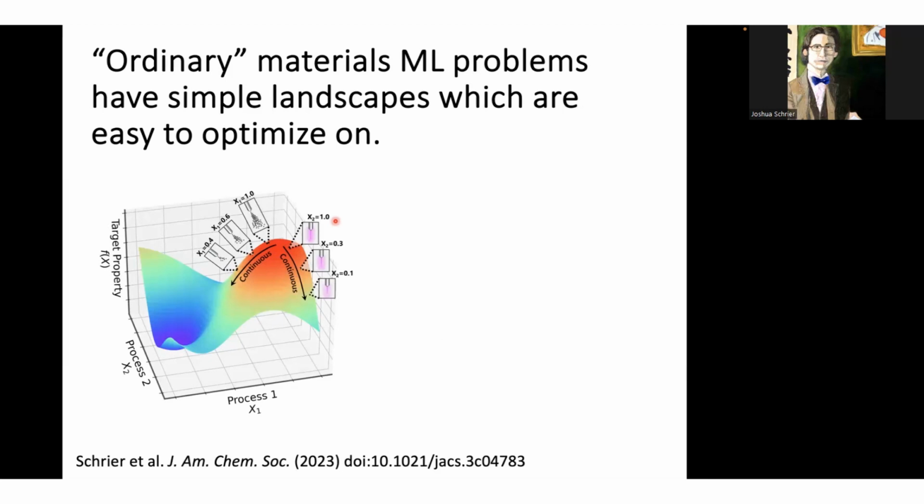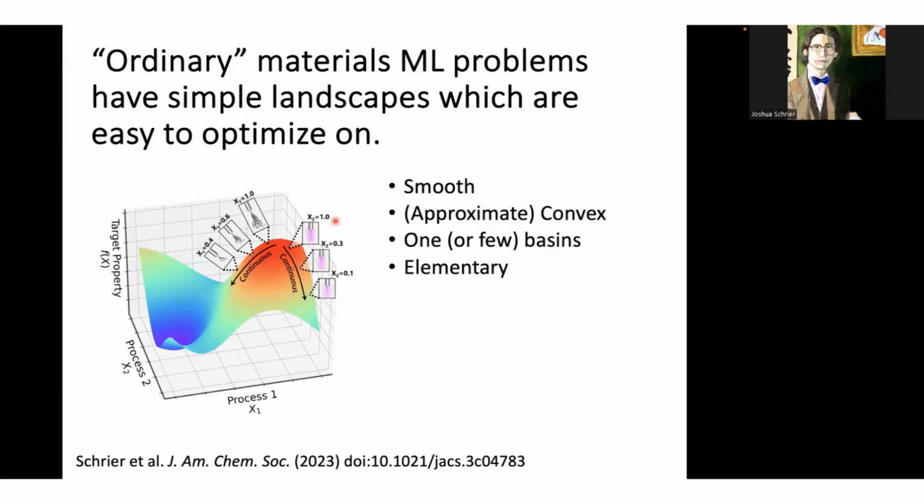In other words, they're response functions that are more or less continuous, more or less smooth. They maybe just have a few basins of optima. And so it's very easy to learn a function that describes those input-output relations, and then use very simple algorithms, even just gradient descent, to find those experimental optima.